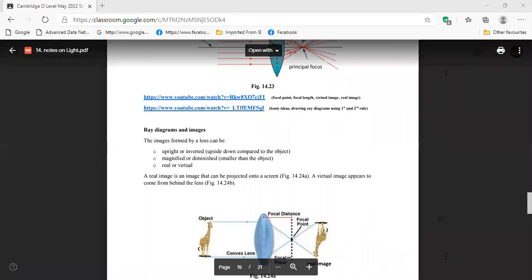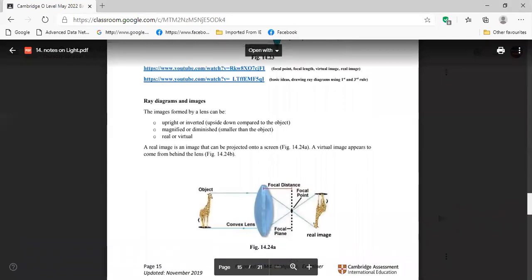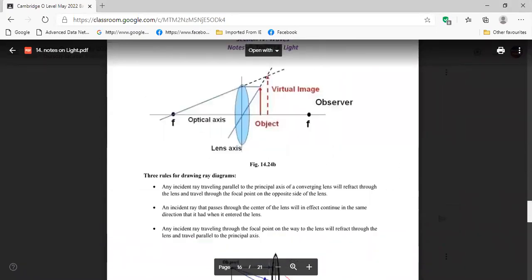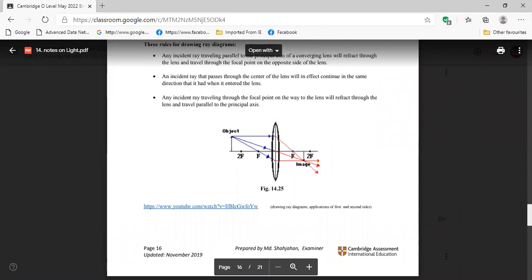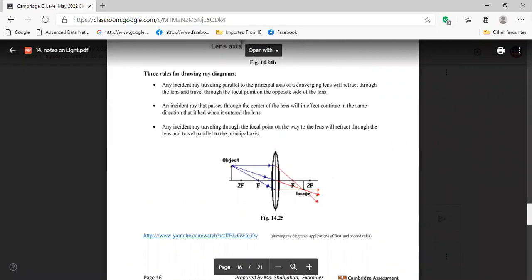Look, we have this diagram. Can you write the heading? Three rules for drawing ray diagrams. This heading you write. In the last class, we discussed ray diagrams.